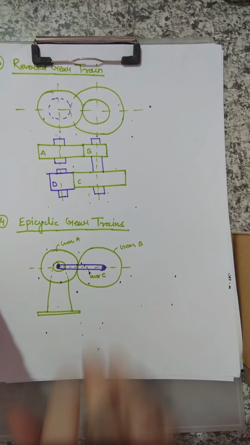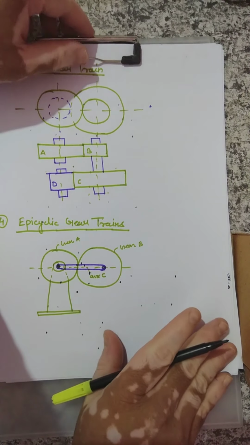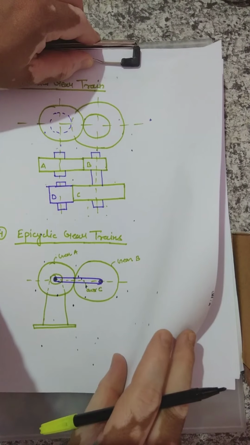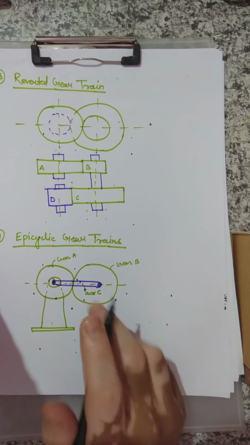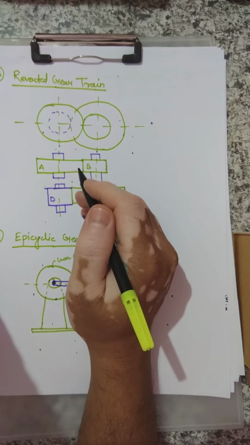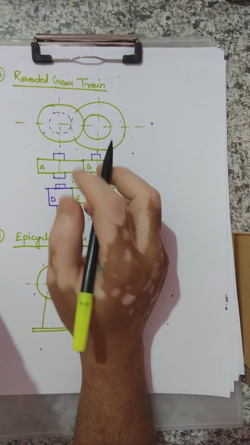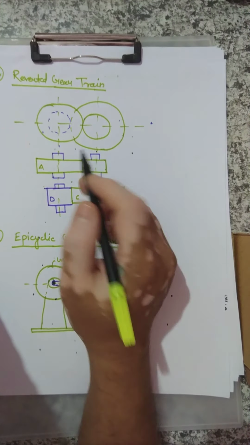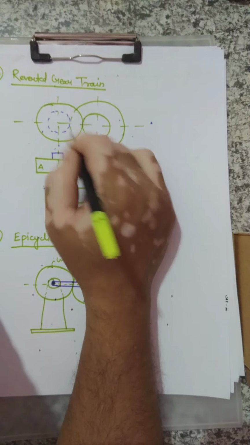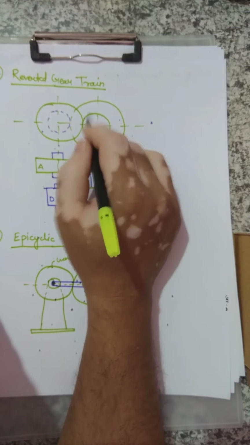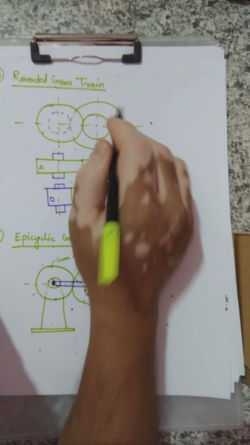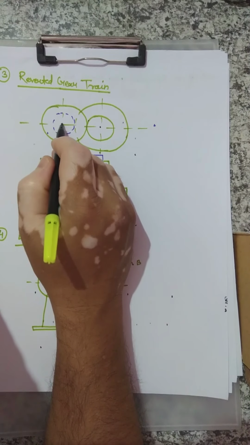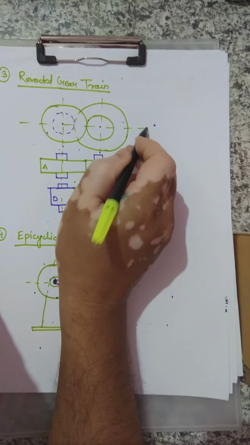Now the third type of gear train is known as the reverted gear train. A reverted gear train is the advanced form of the compound gear train. No doubt it is a compound gear, but in the previous compound gear train, we saw one shaft, a second shaft, and a third shaft in a different place.